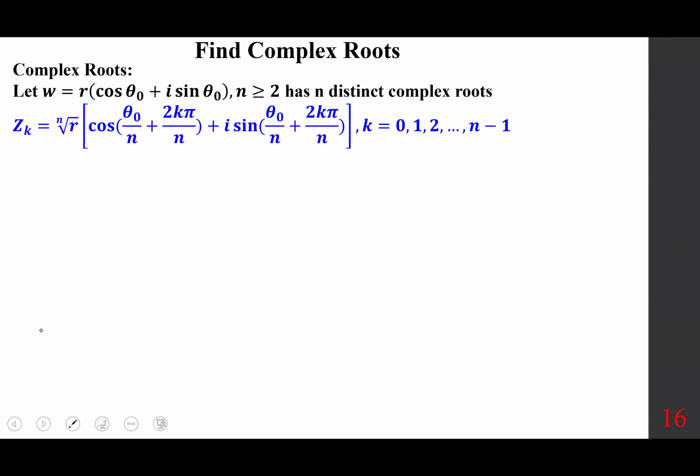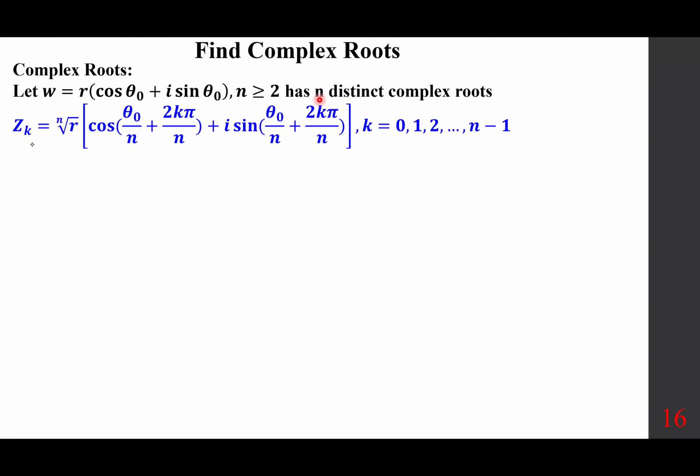Find complex roots. Let w be r times cosine theta sub 0 plus i sine of theta sub 0. And n is a number which is 2 or larger, n is greater than or equal to 2. And therefore it has n distinct complex roots.